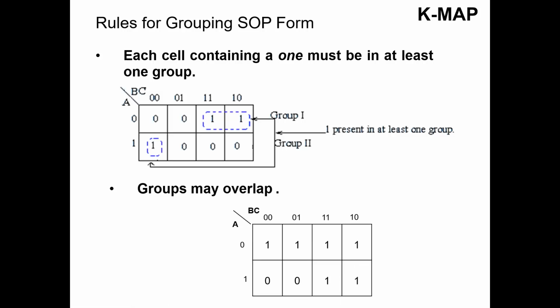Groups may overlap. Here we have a group of 4 ones. Now another group can also take values from this group. Here the second group is formed by taking 2 ones from the previous group. This is possible.